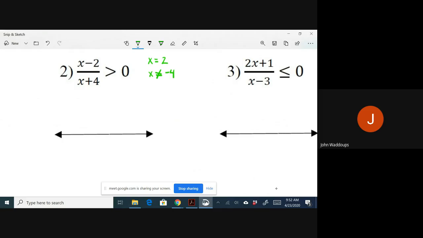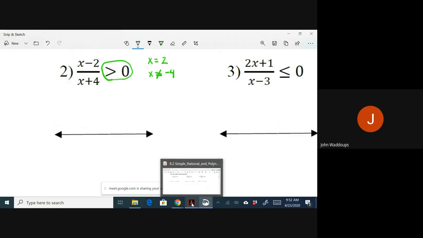Then we analyze the idea that this is greater than 0. What kind of numbers are greater than 0? Either one of you, Valentina, Victoria?